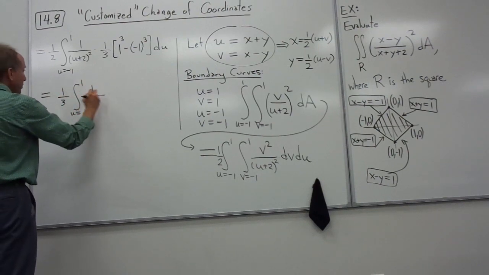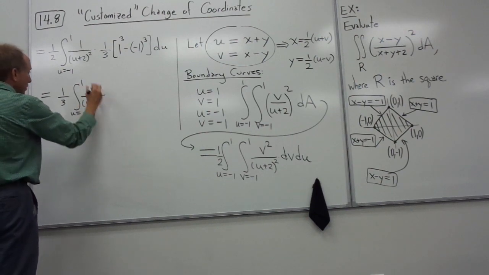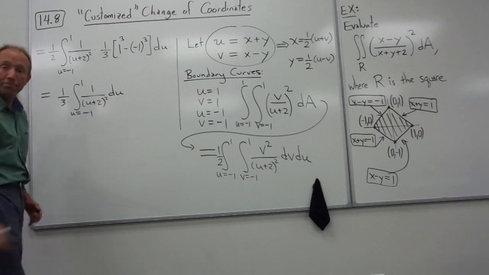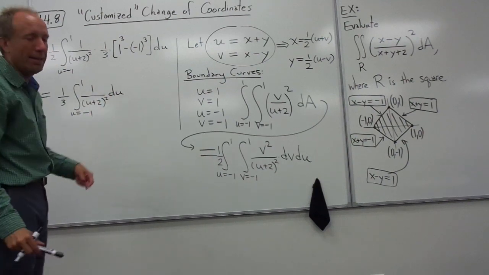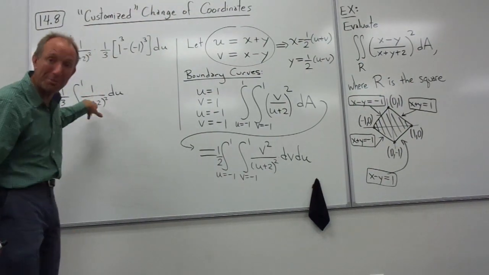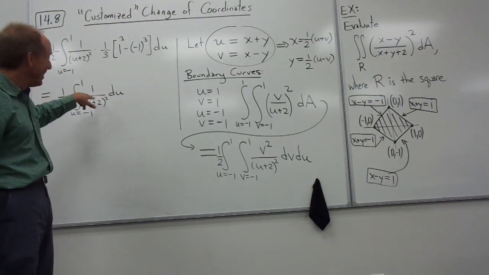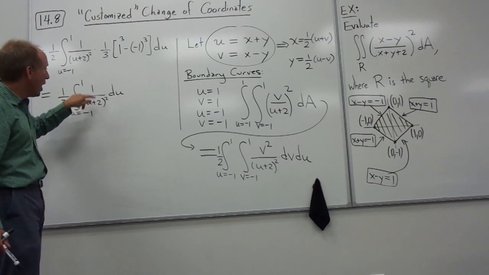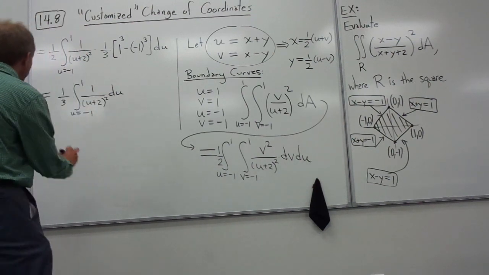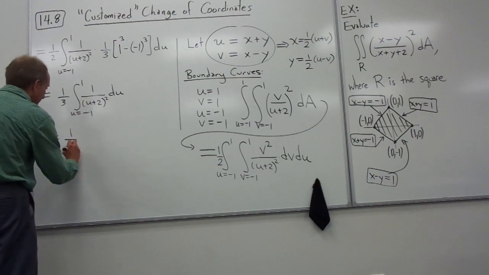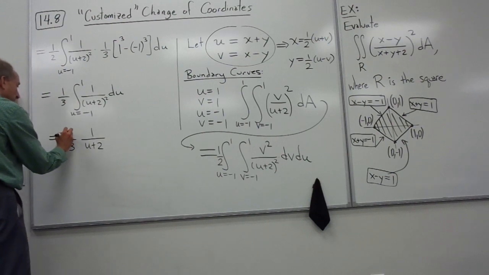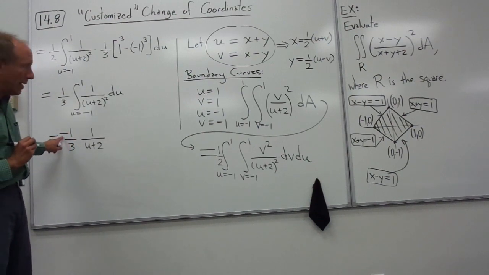of u from -1 to 1 of 1 over (u plus 2) squared du. U is kind of a bad choice of variables right now because I want to do a u substitution to do this integral. This is like 1 over blob squared. It's just a -2 power, right? So if I anti-differentiate that, I'm going to get a -1 power, and then divided by -1, which just includes a minus sign here.